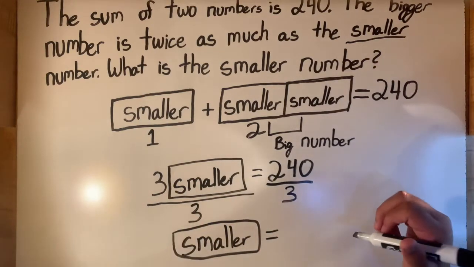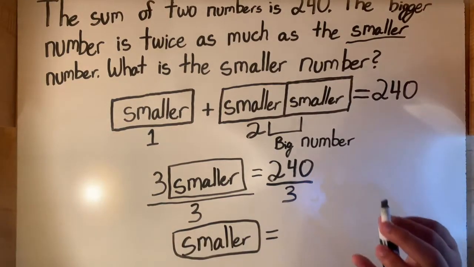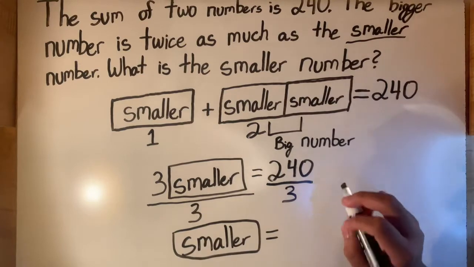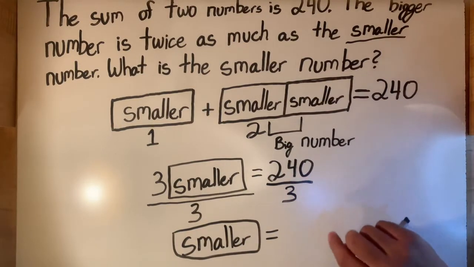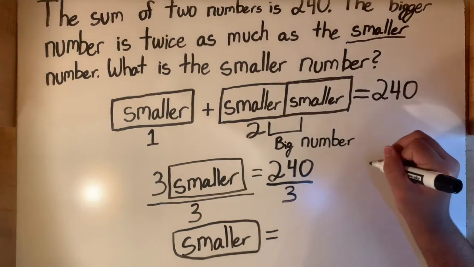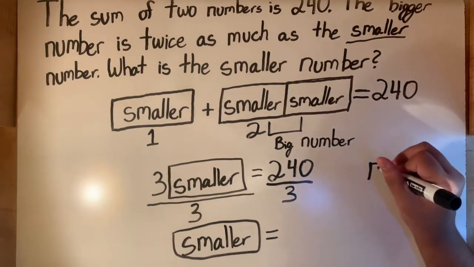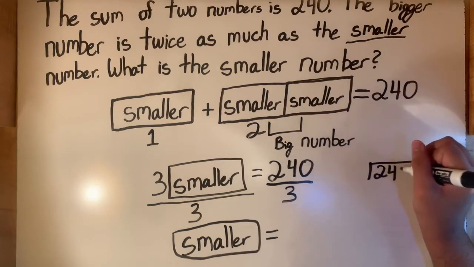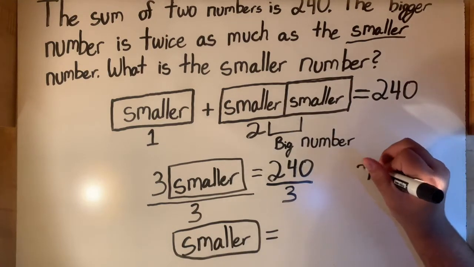But now you may be asking, what are we going to do with this? What we need to do is divide 240 by 3. If you know your division, this should be pretty easy. So we want to create a house, and 240 is going to be inside of that house because 240 is being divided by 3.